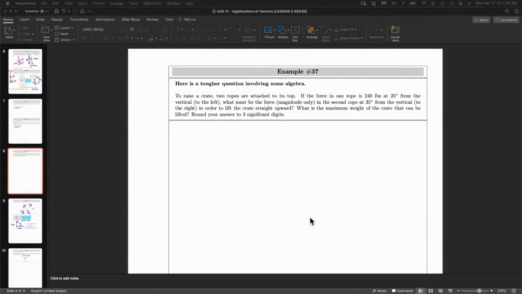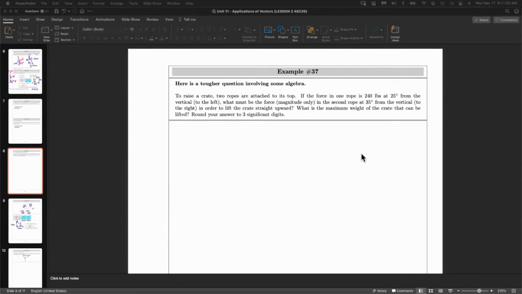Okay, so hopefully you've had time to read the question and we can take a look at it. So we have two ropes that are raising a crate, and the first force is aligned one way, whereas the second one is aligned a different way with respect to the vertical.